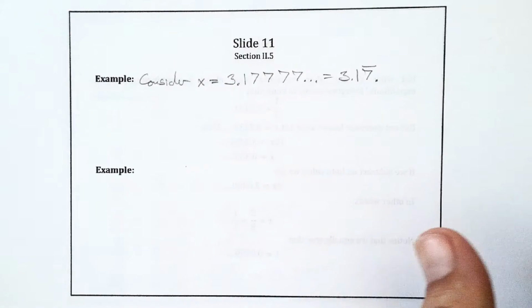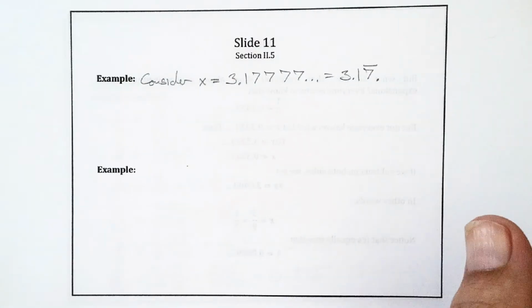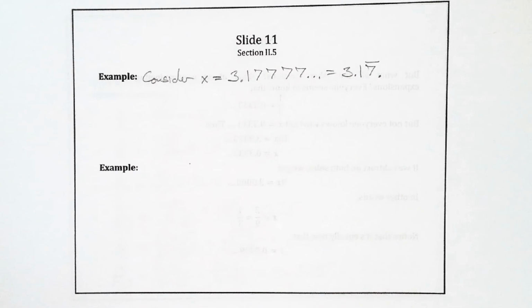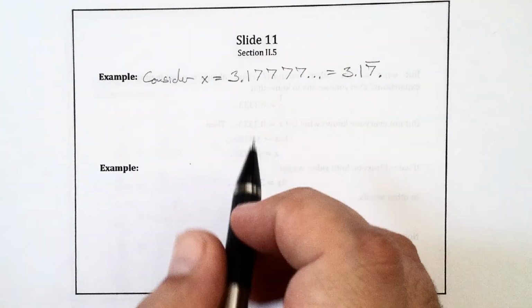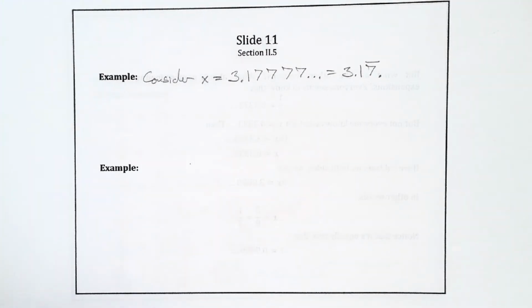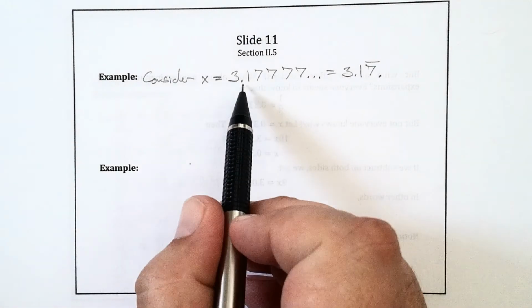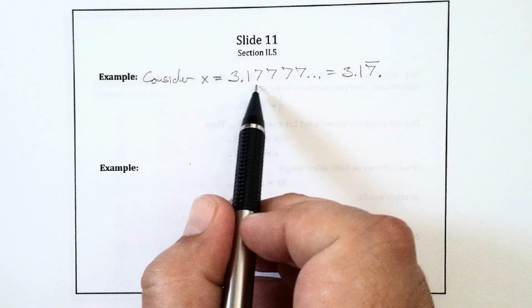It just keeps going on and on forever. Again, what I want to do is eliminate the repeating tail of this number. Here, the repetition doesn't start right after the decimal point. It starts 2 places after that.